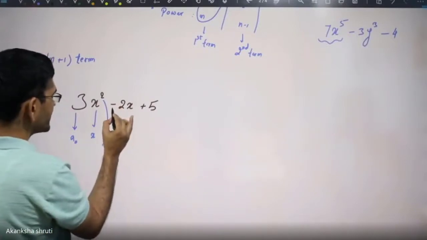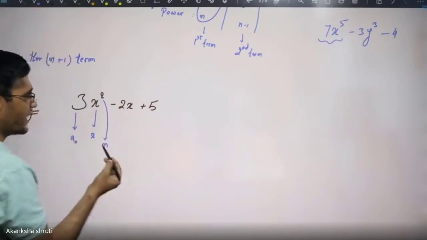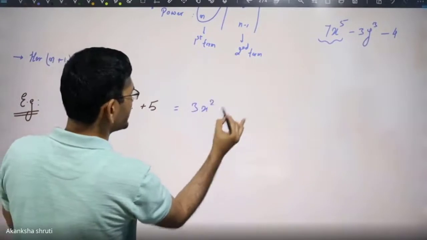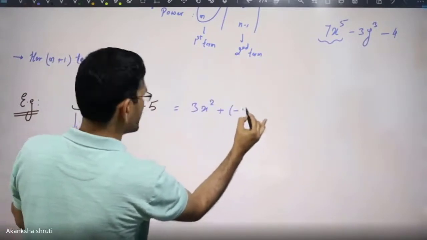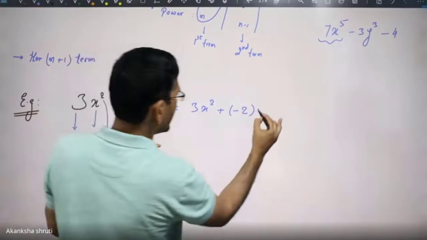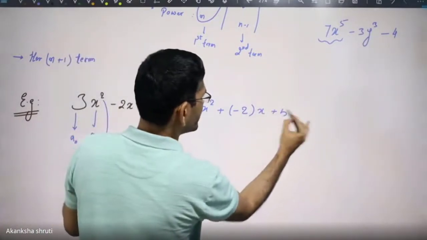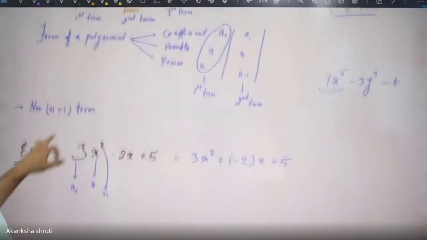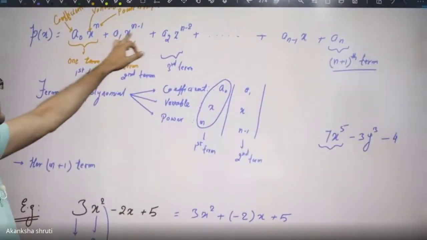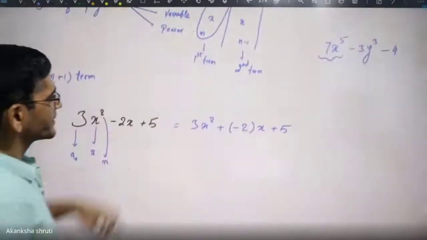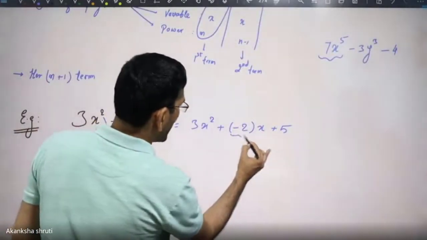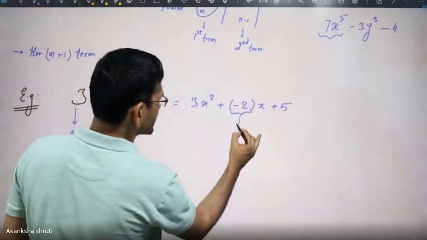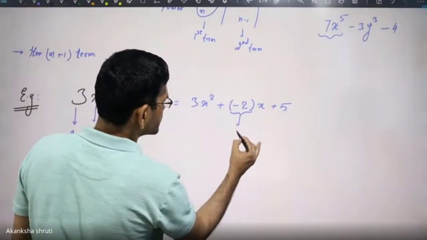Now here it is minus, and we know that this is the same as 3x square plus of minus of 2x plus 5. Means what? To satisfy this definition where we are defining in terms of plus, here the coefficient of the second term, or the constant for the second term, is our minus 2.